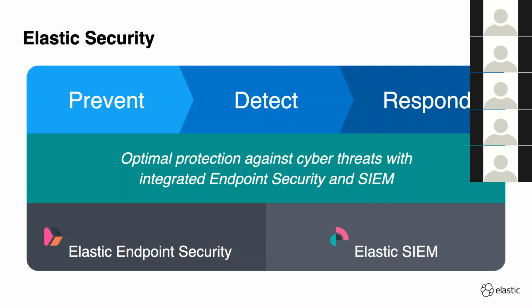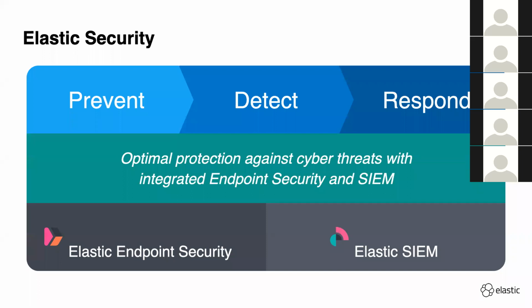Elastic Endpoint and Elastic SIEM together comprise Elastic Security. So we have two main parts: Elastic SIEM and Elastic Endpoint Security. Actually, this last one, Elastic Endpoint Security, was Endgame. They joined the stack last year and became Elastic Endpoint Security.